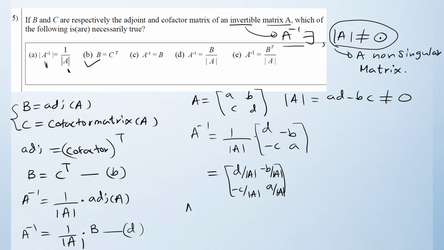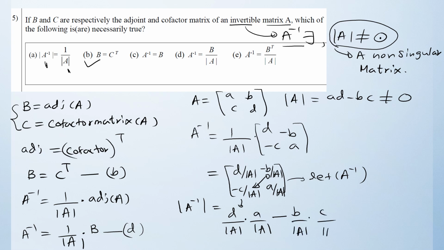Then we can find the determinant of this. We have to find the determinant of the inverse of A. The determinant is found by multiplying the diagonal elements, so d over determinant A into a over determinant A, minus the multiplication of the other two. The sign will be positive, so we have b over determinant A into c over determinant of A. Then we have (da minus bc) over determinant A squared. da minus bc is the same as ad minus bc.